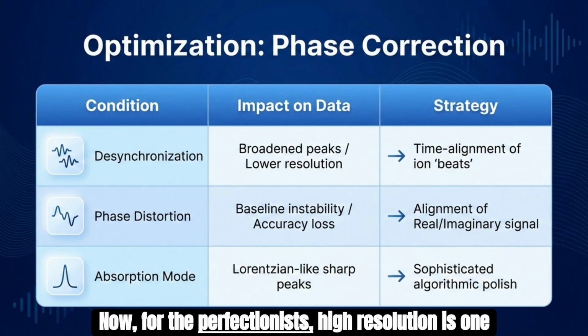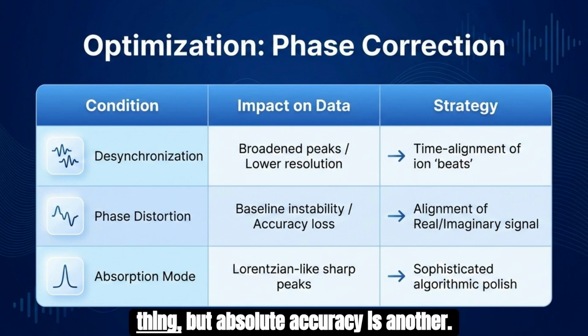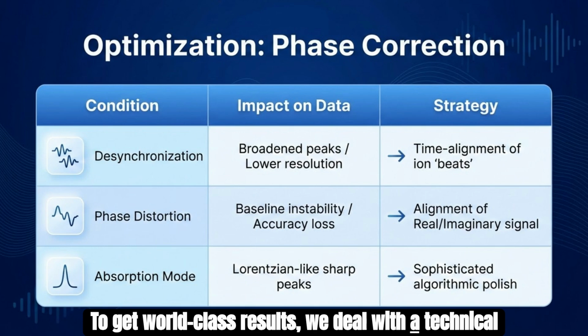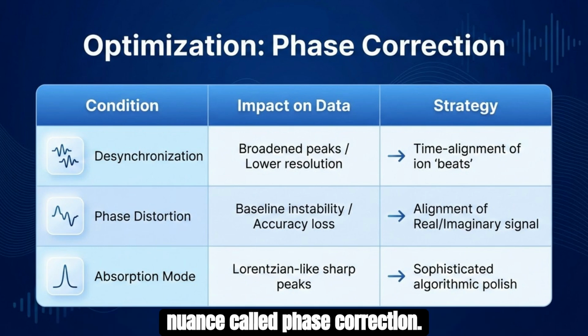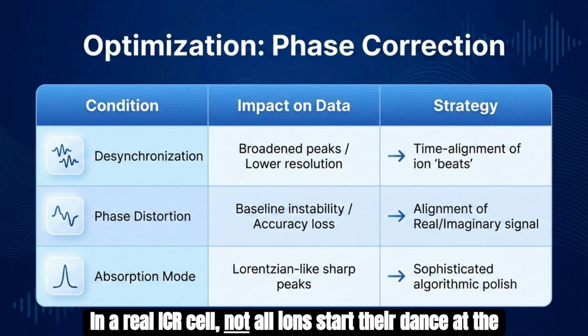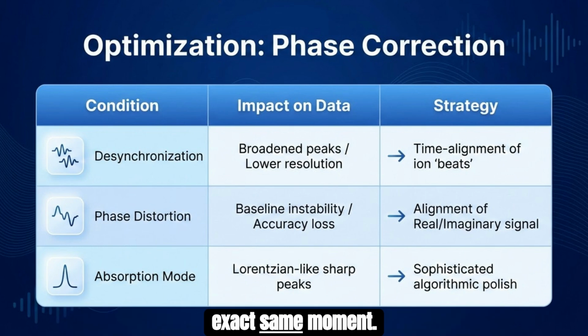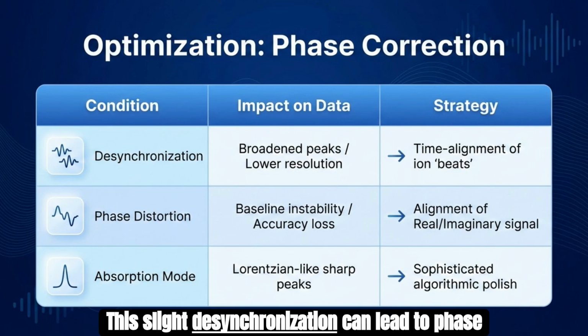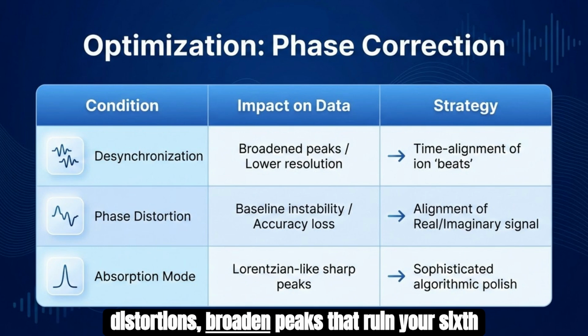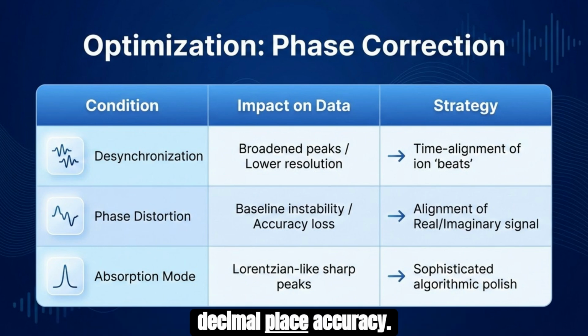Now, for the perfectionists. High resolution is one thing, but absolute accuracy is another. To get world-class results, we deal with a technical nuance called phase correction. In a real ICR cell, not all ions start their dance at the exact same moment. This slight desynchronization can lead to phase distortions, broadened peaks that ruin your sixth decimal place accuracy.